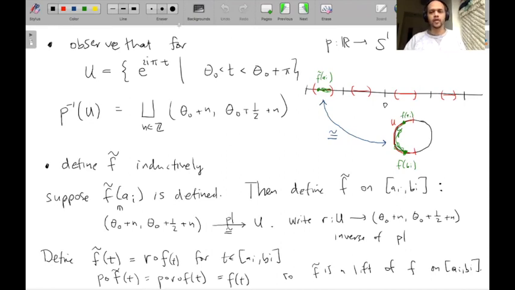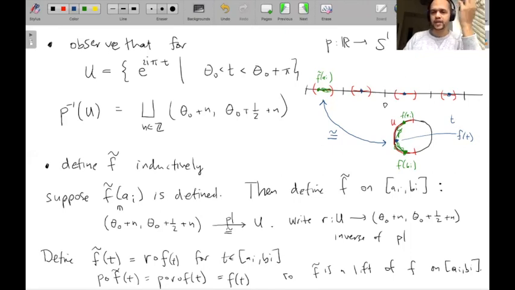So at any time t, you have f of t, and you have choices for what f tilde of t is going to be. It has to be something in the preimage, something that maps to f of t downstairs under p.